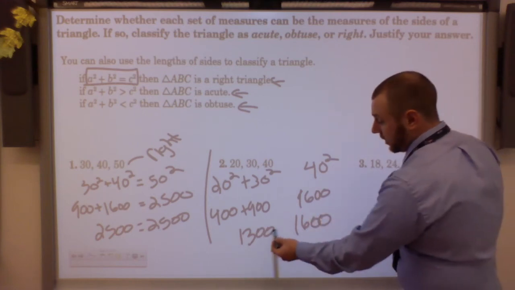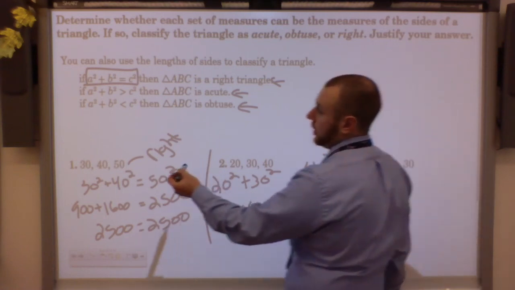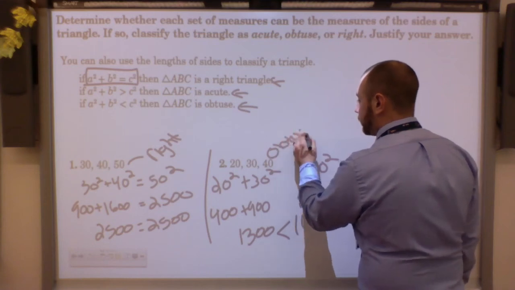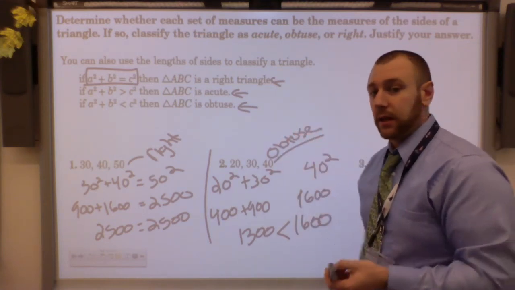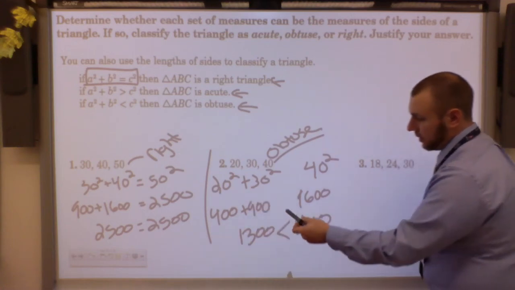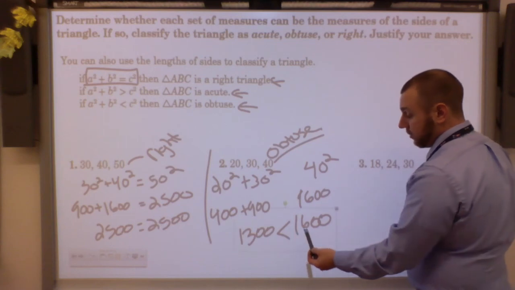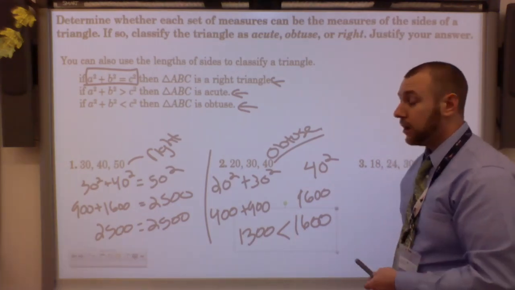Oh, 1300 is actually less than 1600. That means that it's an obtuse triangle. So I can set up these things, and as long as I do the first two, the a's and the b's, and figure out the relationship, I can figure out if it's a right, acute, or obtuse triangle.